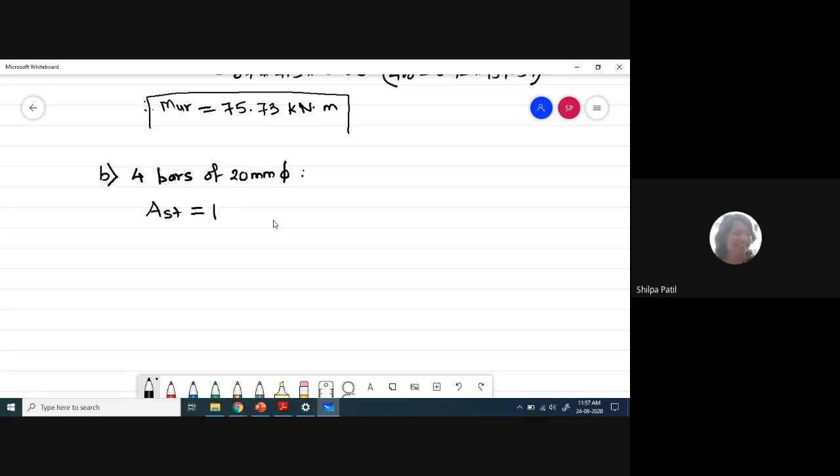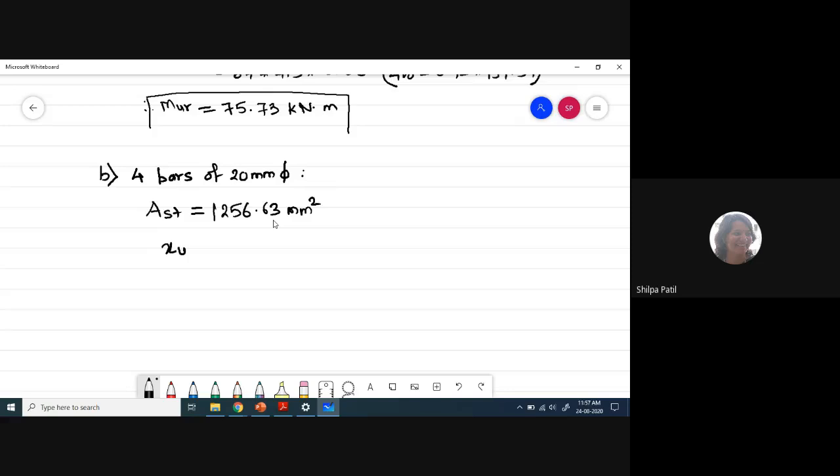So just tell me after calculation, what is the AST value you are getting? 1256.63 mm square. All right. So the remaining steps will remain the same. Find out XU now.